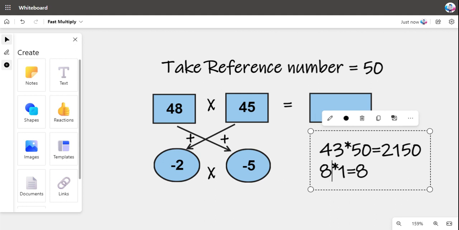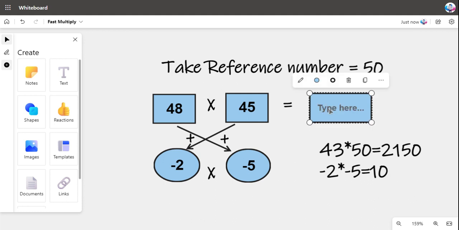Next thing we need to do is minus 2 into minus 5 equals 10, because minus into minus is plus, so the answer will be 10. By adding these two outputs, 2150 and 10, the output will be 2160. So the multiplication of 48 and 45 is 2160.